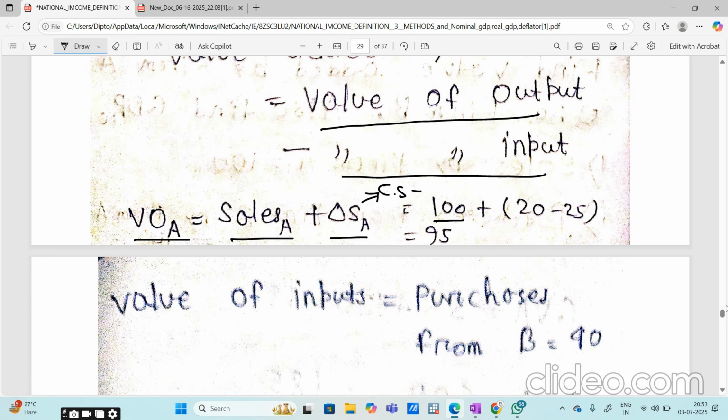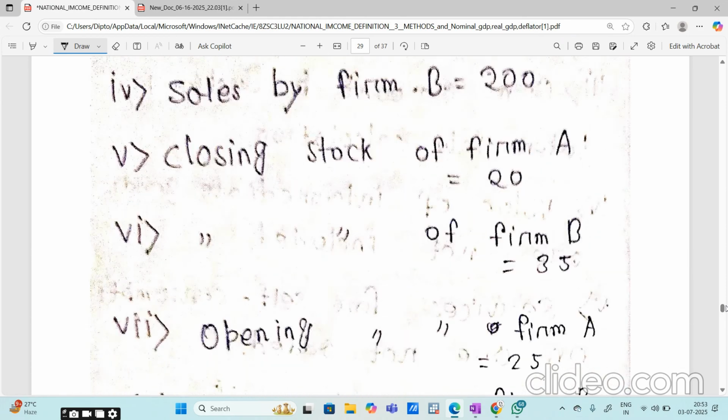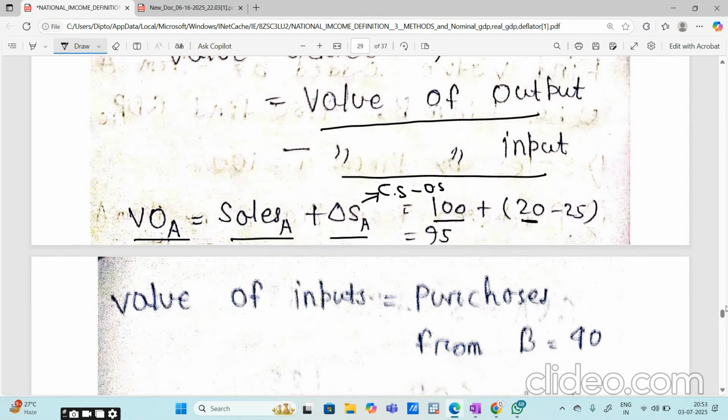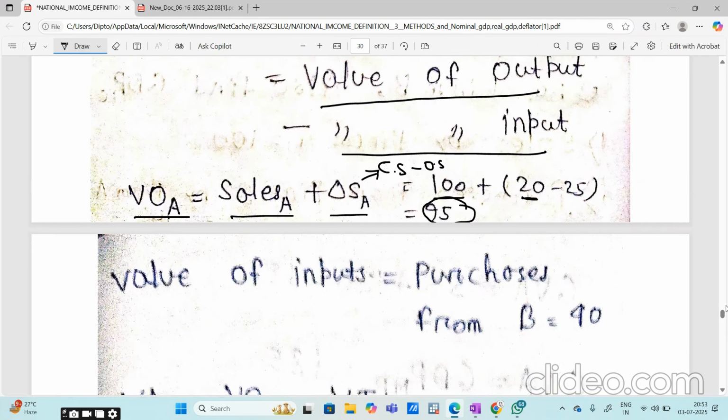Closing stock of farm A is 20, opening stock of farm A is 25. So we are putting those numbers here, and we are getting the value of output of farm A.